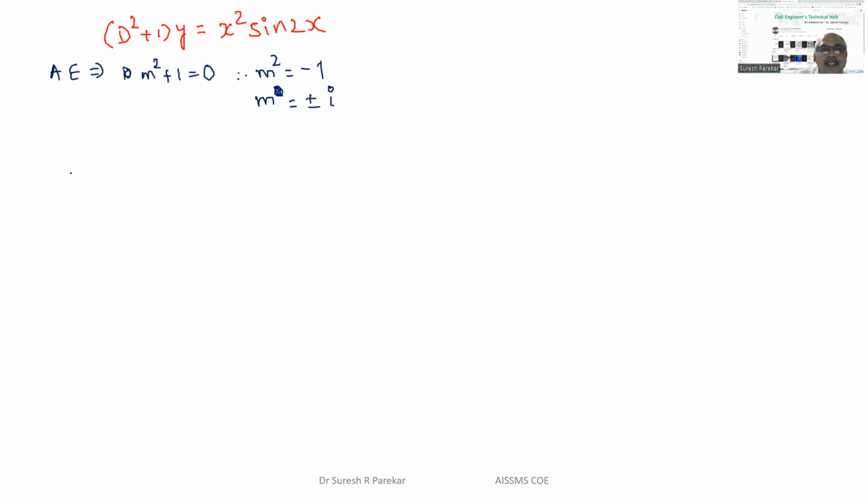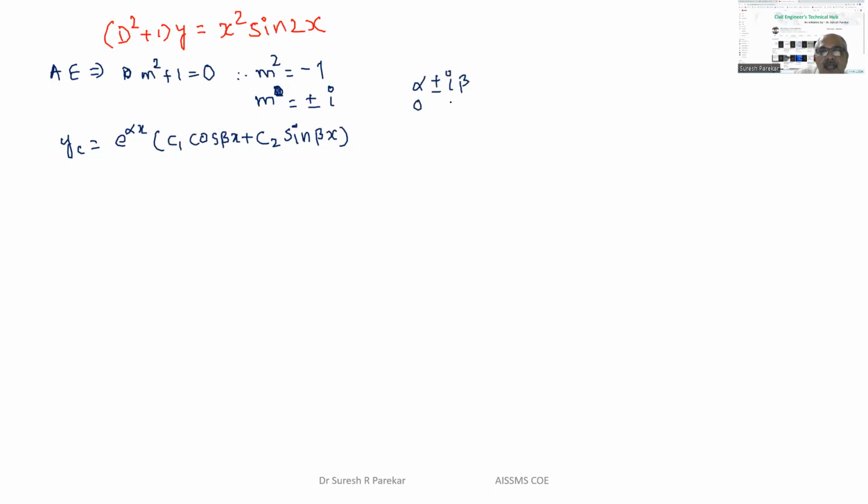So the real part is 0, so we are not going to get anything from the real part. We have a direct imaginary part, and therefore yc equals e to the power alpha x (c1 cos beta x plus c2 sin beta x). Now you can see we have alpha plus minus i beta.